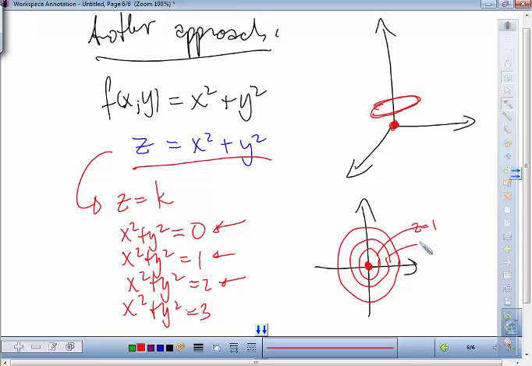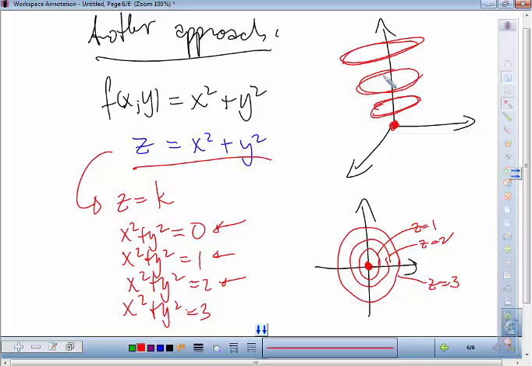This would be on the level z equal to 2, up on a plane a little bit higher. And this would be at level z equal to 3, again up on a plane a little bit higher. And then try to imagine how this is going to look. And Dave also mentioned, what did you say? Trace.